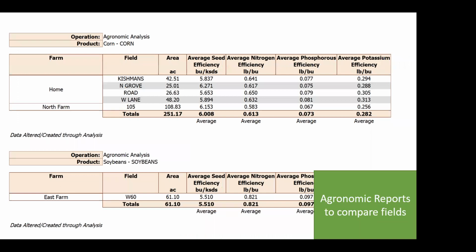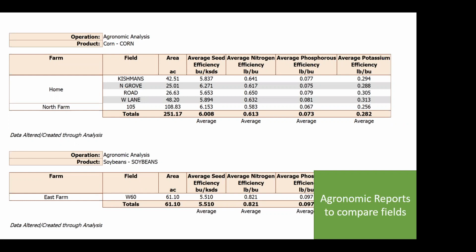Okay. And so once we have all of this data done for our fields, you can look at a report and show how each of your fields compare to each other. And so this first report is going to be the Agronomic Analysis. This is the efficiency one, where you showed how your seed efficiency averaged, how your nitrogen efficiency was, and you can compare one field to the next.